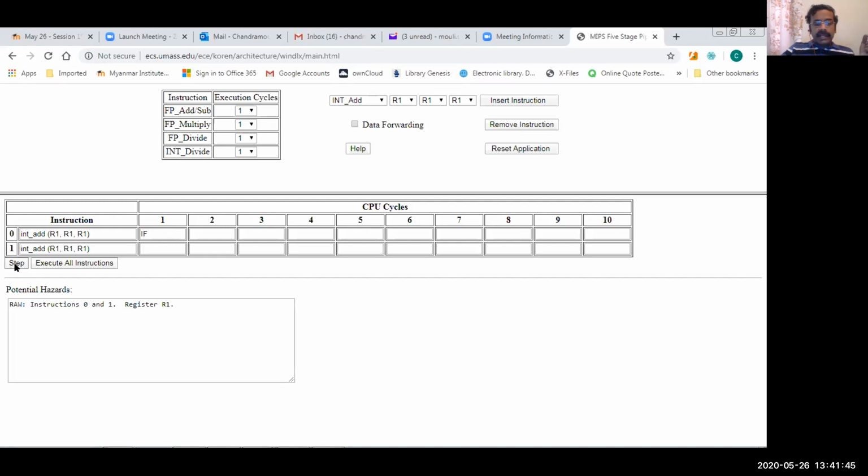Next cycle, it moves into the ID stage, and the next instruction is fetched. Step. Now R1, R1, R1 is processed, and ID is done. Step. Now you see what is happening.